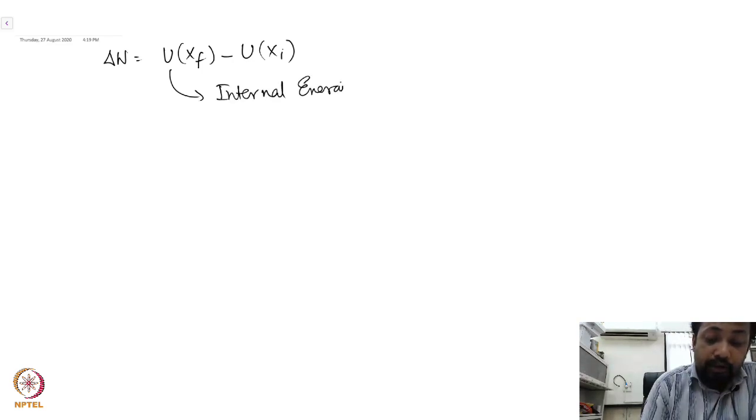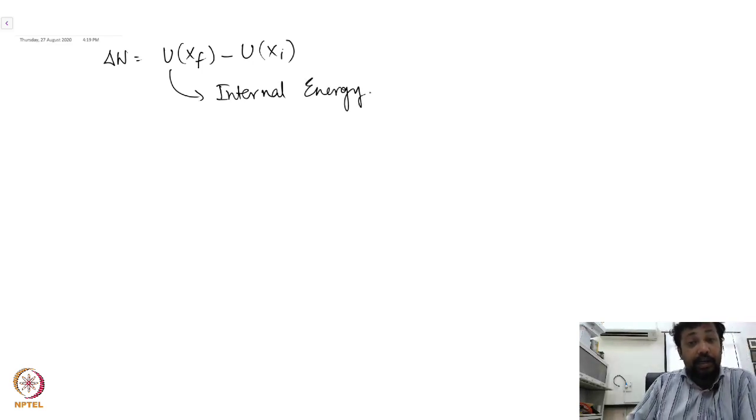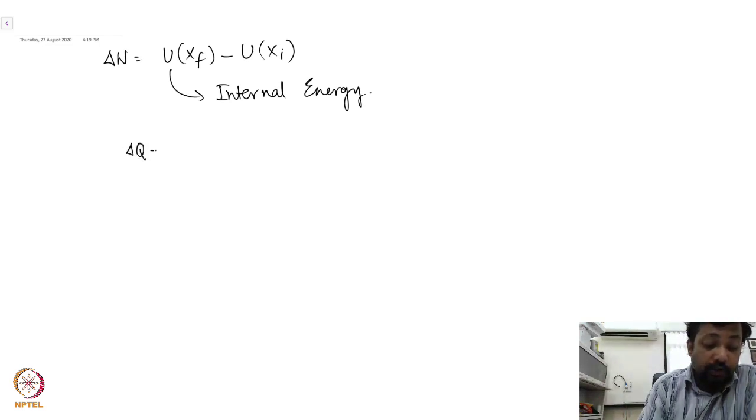So the work done depends only on the change in the internal energy of the system. If I remove the constraint of an adiabatic process, which means that the system is allowed to exchange heat while going from the state A to B, then the general rule is delta Q is delta U minus delta W.